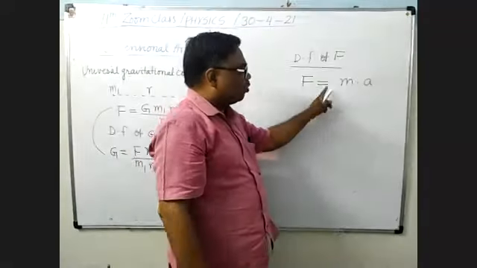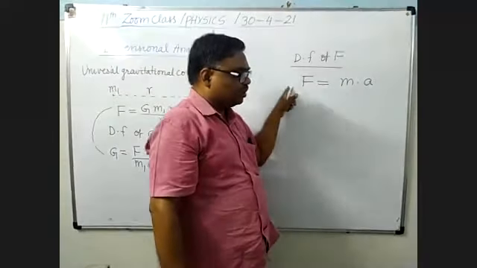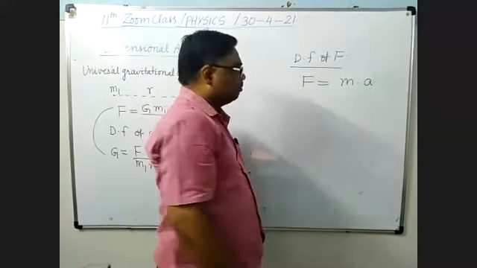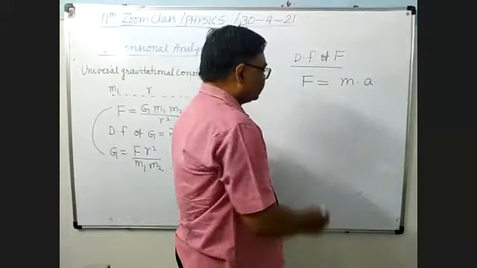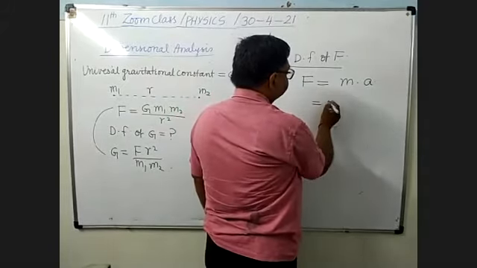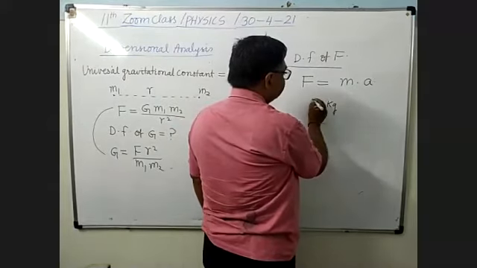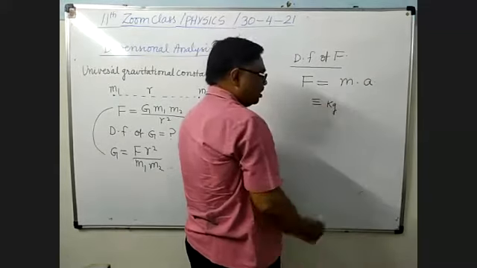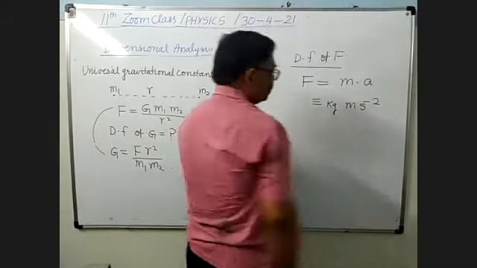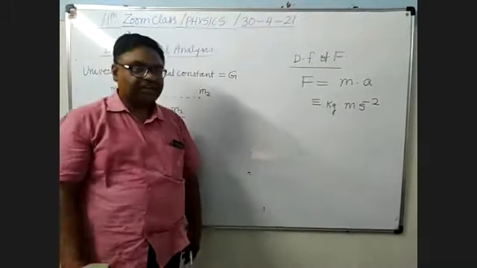Now, what is its unit? What is the unit of force in terms of basic units? Basic units means in the MKS system. So see here, M means mass, that is kg, and A is meter per second square. Kg meter per second square.